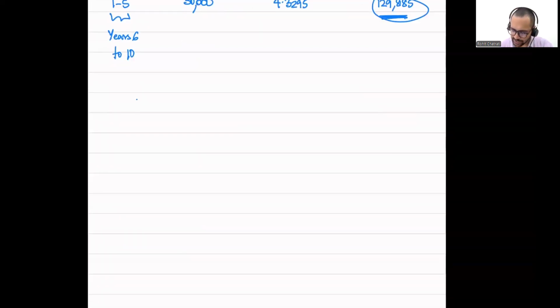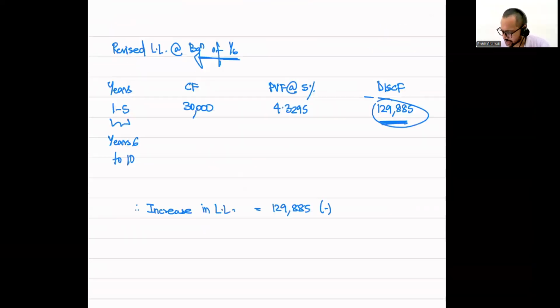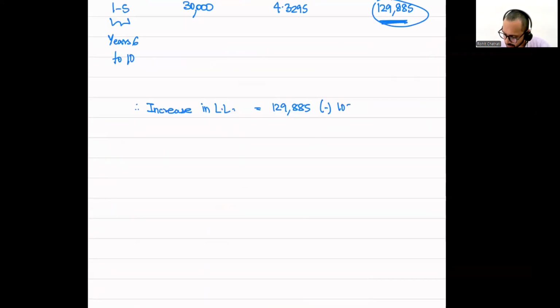So the increase in lease liability is going to be equal to 129,885 less 105,309. This is going to be equal to 24,576.